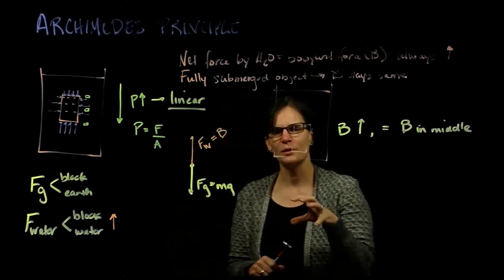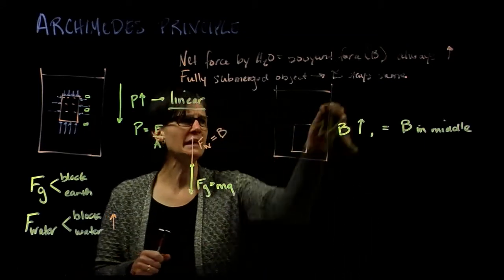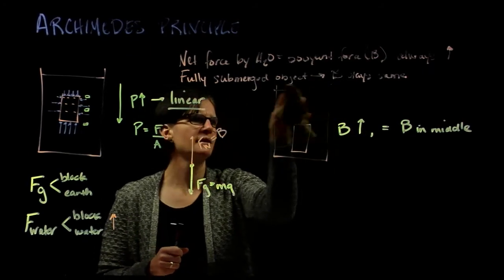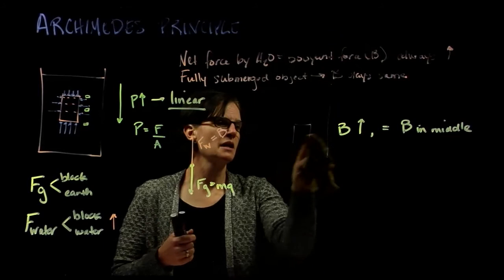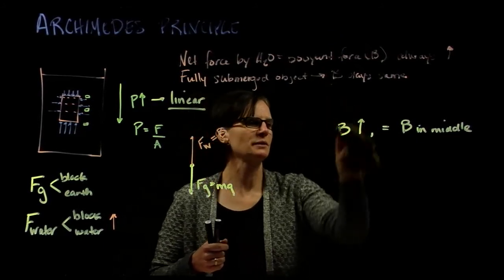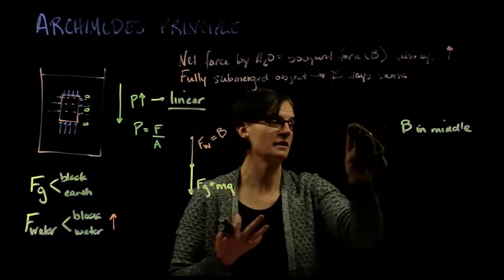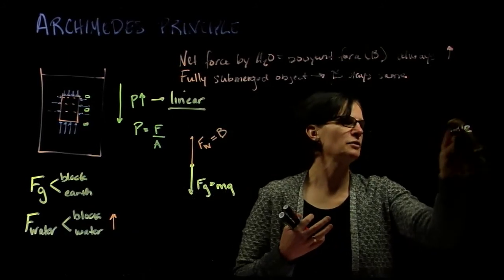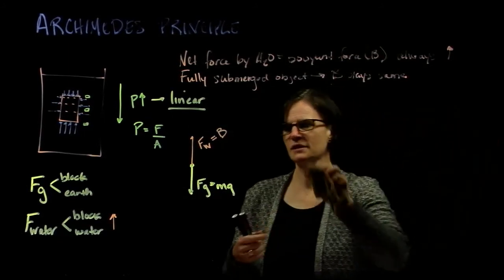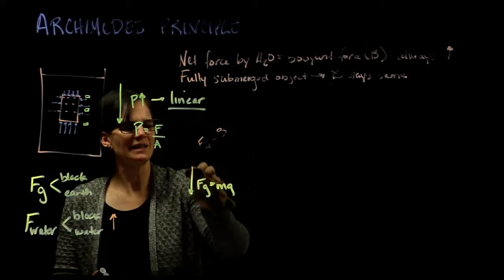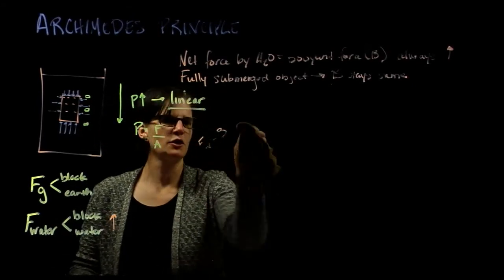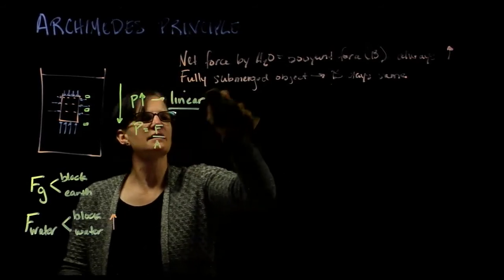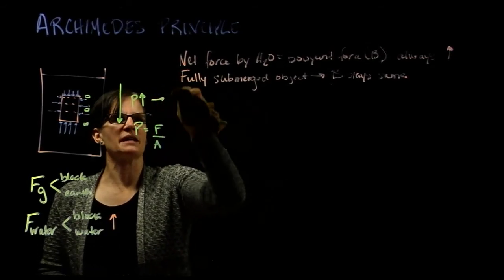Now, why is this important? Well, it's important when we consider whether an object will sink or float. The buoyant force is part of the interactions that are going to come into play for sinking and floating. So let's look at how we're going to determine that, and how do we get the buoyant force to begin with?